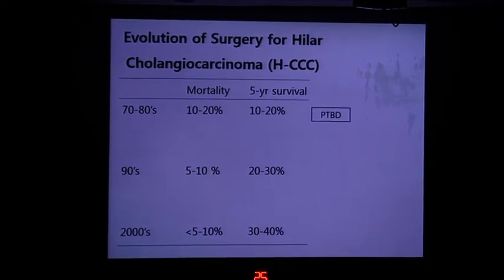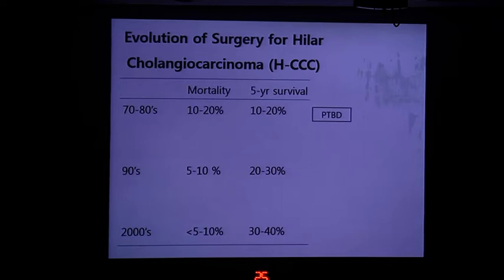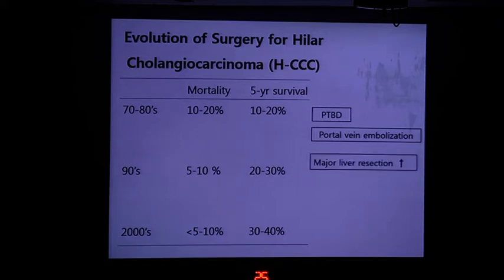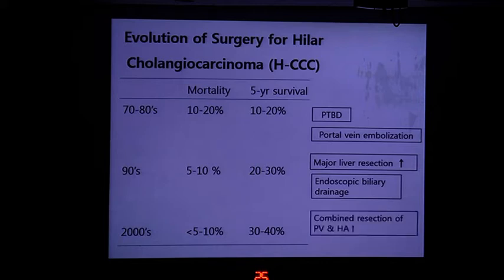I think that is PTBD from the 60s. Portal vein embolization first started in 1986, and the incidence of major liver resection increased. Endoscopic stenting and major biliary stenting also started. And these days, very aggressive combined resection to achieve R0 resection has contributed to this kind of advance.